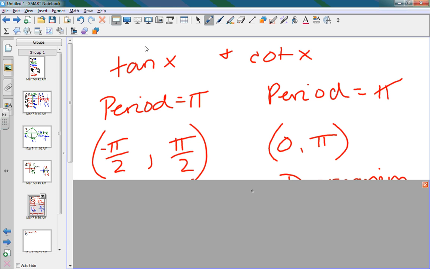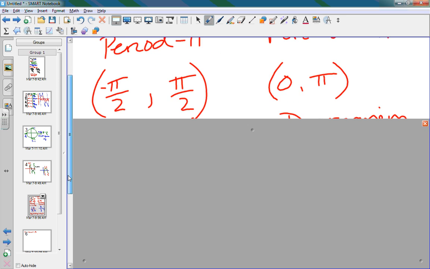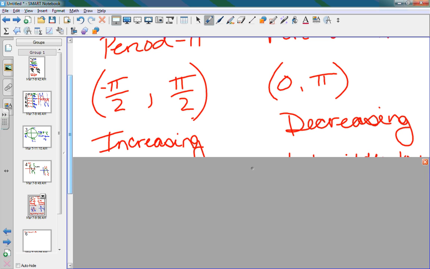So instead of dividing 2 pi by 2, you divide negative pi by 2. Your period, same information, doesn't change except for instead of using 2 pi divided by the absolute value of b, you're going to use pi divided by the absolute value of b. Tangent is going to be an increasing function that looks like x cubed.